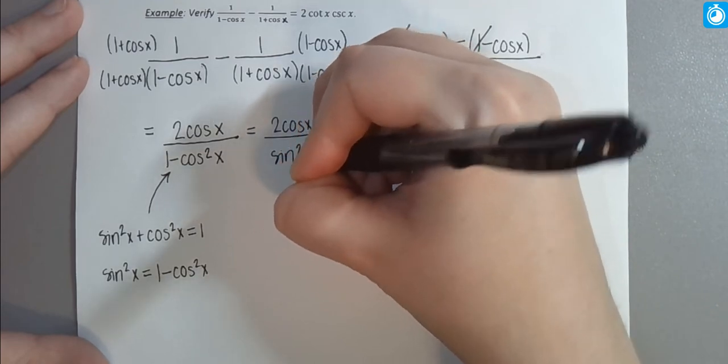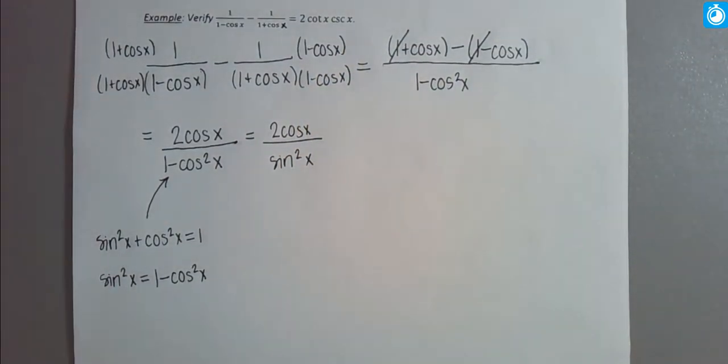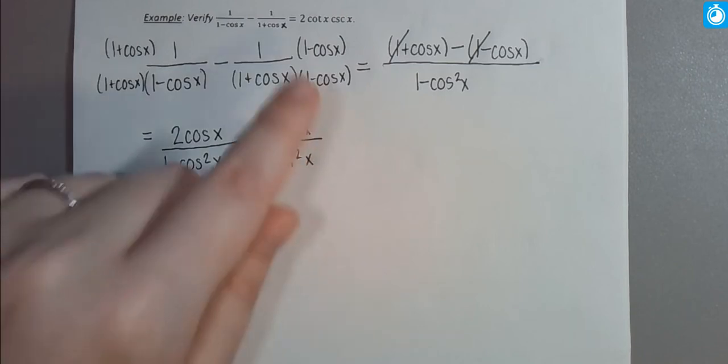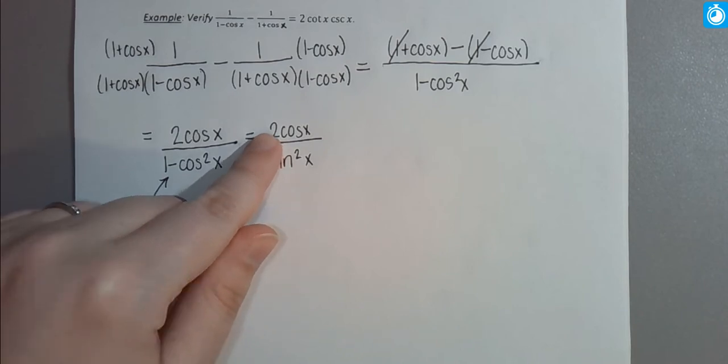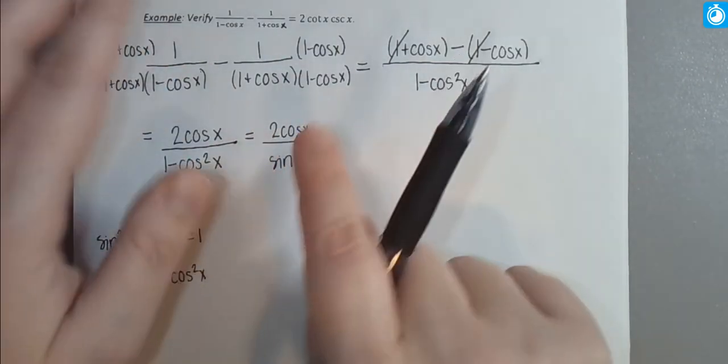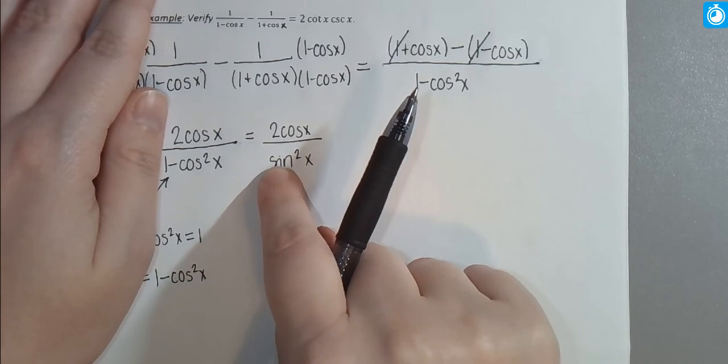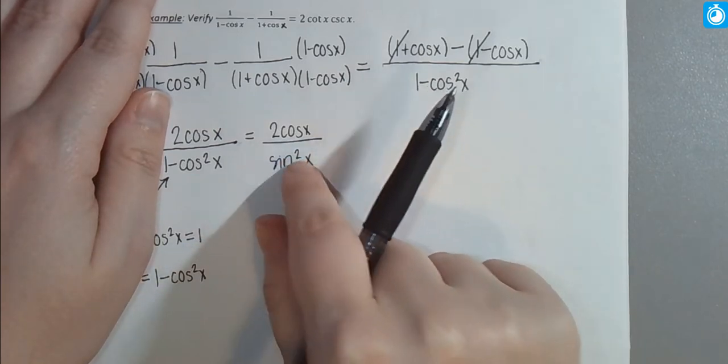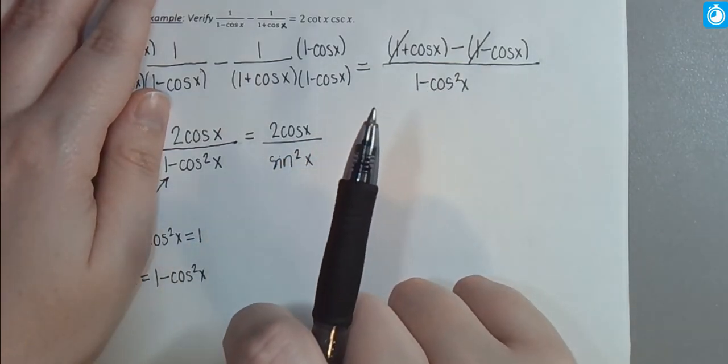So the new denominator is going to be sine squared of x. Well, sine squared, that's the same thing as a sine times a sine. So I've got my 2, I've got a cosine over a sine if I take only one of those sines. Well, that'll leave me with another sine in the denominator.